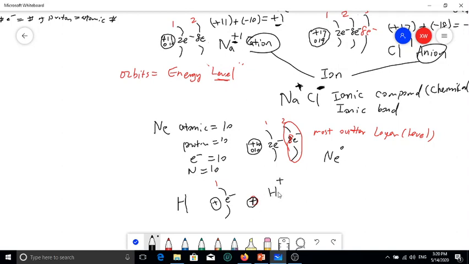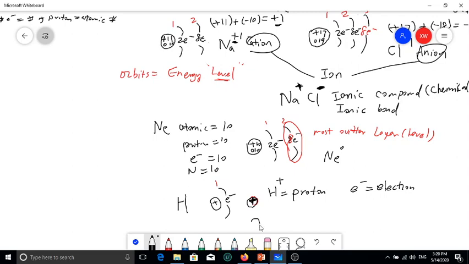You can see H plus represents no electron, no neutron, it's just a proton. Usually when you look at any chemistry paper or textbook, the electron is represented by e minus, but you never see p plus or anything standing for proton, because a proton is usually indicated by H plus. That's all.